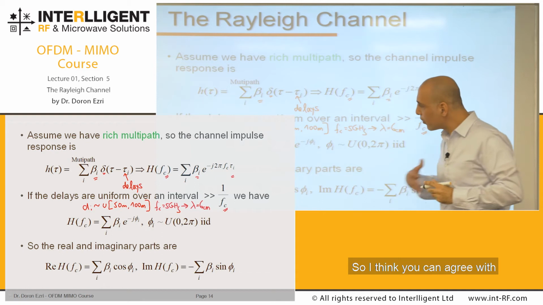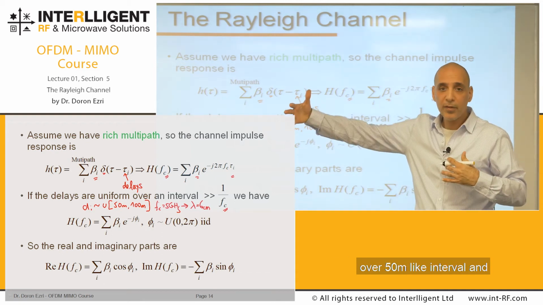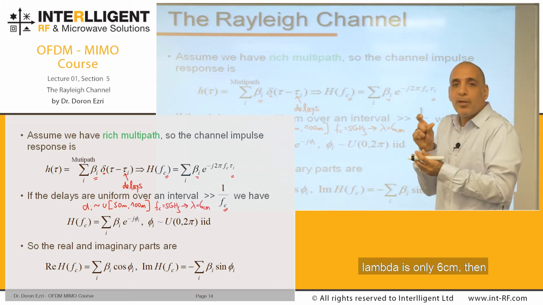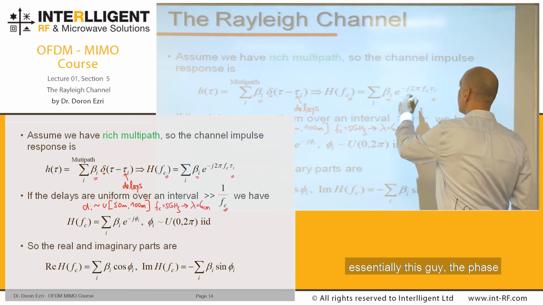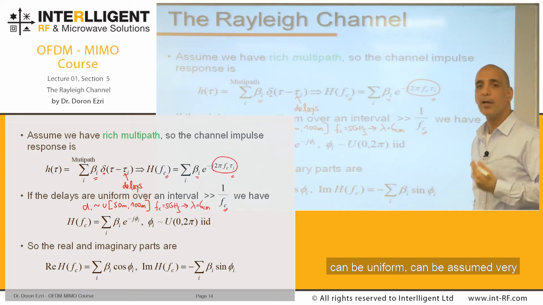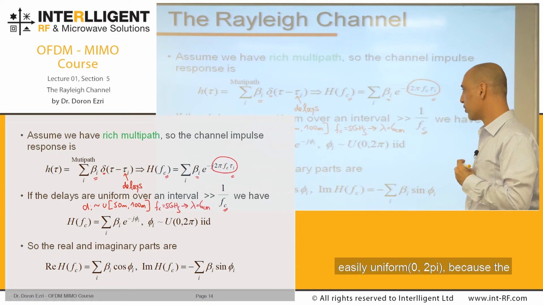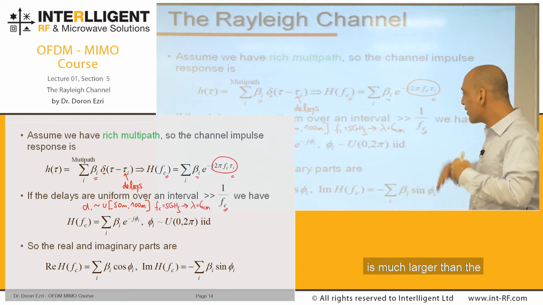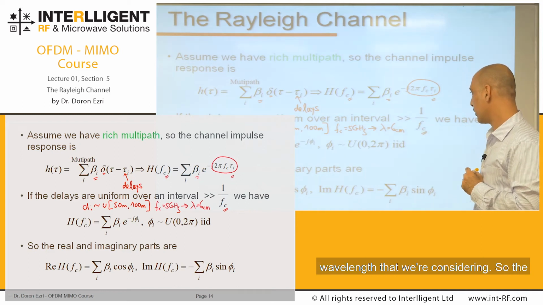I think you can agree with me that if the path length is uniform over a 50 meter interval, and lambda is only 6 centimeters, then essentially the phase can be assumed very easily to be uniform 0 to pi, because the interval on which the length is uniform is much larger than the wavelength that we're considering.